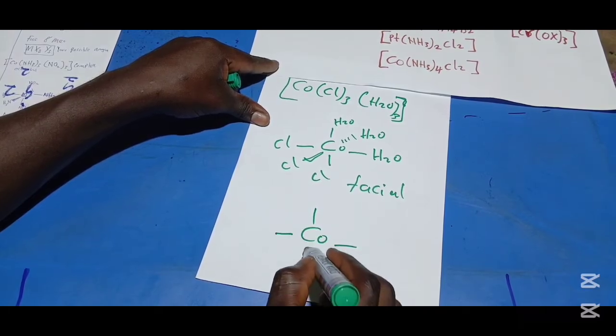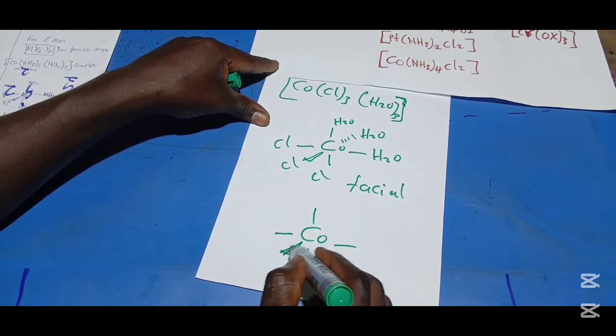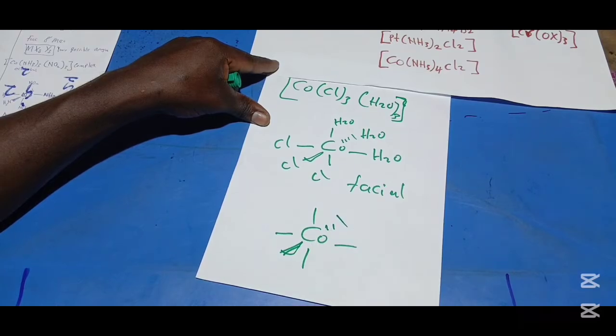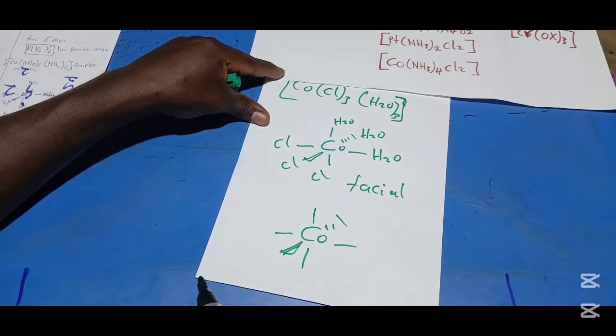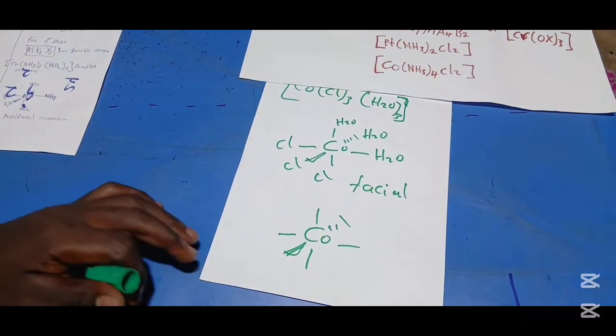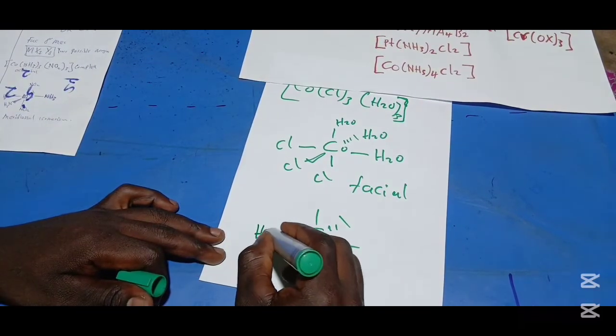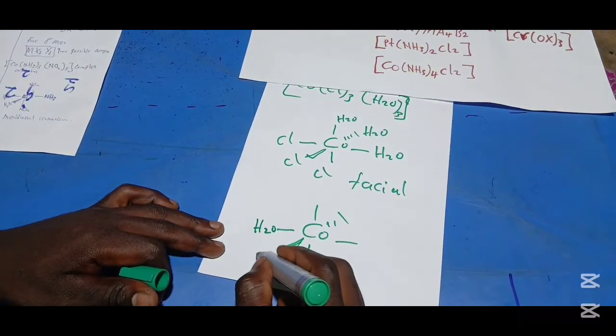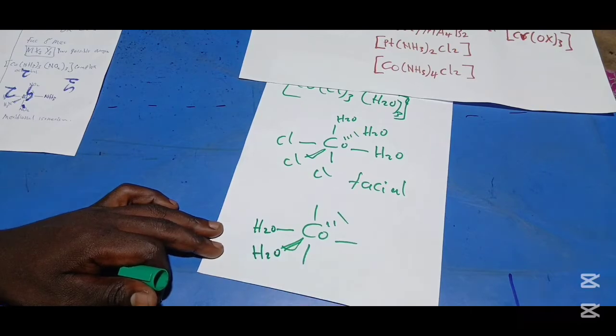Let's say this is not a solid wedge and this is not a dash wedge. There can be a point where we have water on this side, H2O to be here, H2O like this.